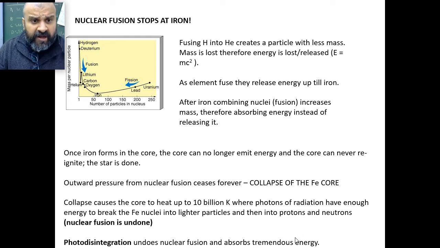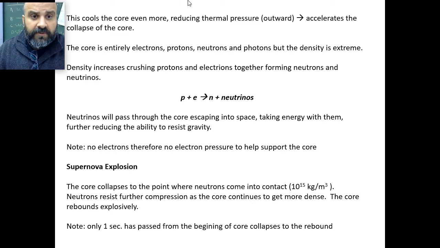So it absorbs a lot of that heat energy that's there. That heat was still pushing outwards, even though it's not nuclear fusion. But this process cools the core even more, so there's less outward push. This reduces thermal pressure, which pushes out, and that accelerates the collapse of the core. So the core just keeps collapsing.